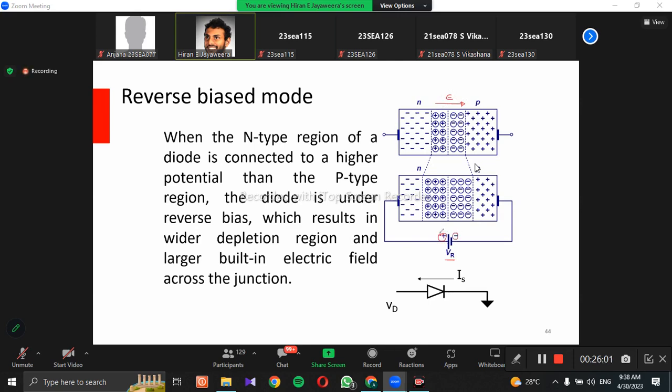So the battery electric field is also from positive to negative. So you have this electric field from the barrier, the default one. Now you apply another electric field in the same direction from the battery. Right? Now what happened to the total electric field?